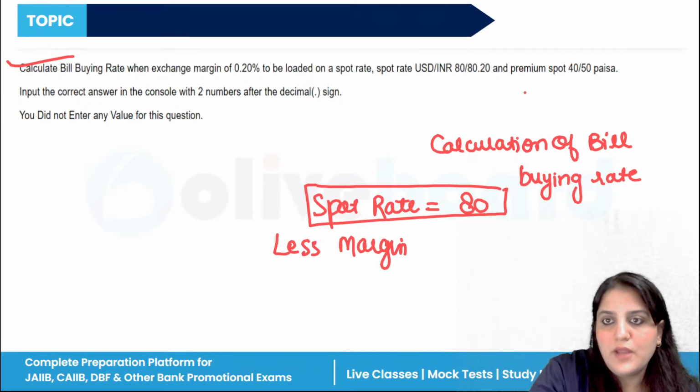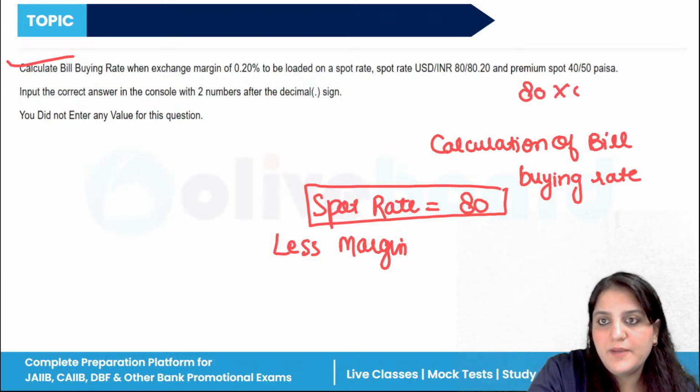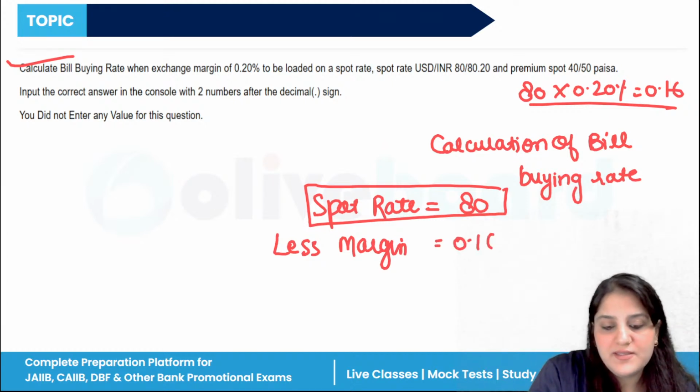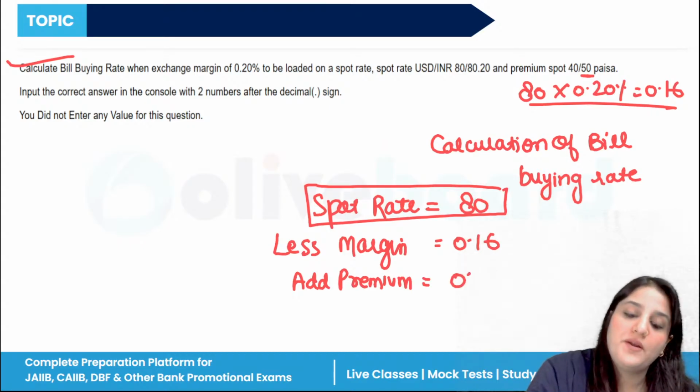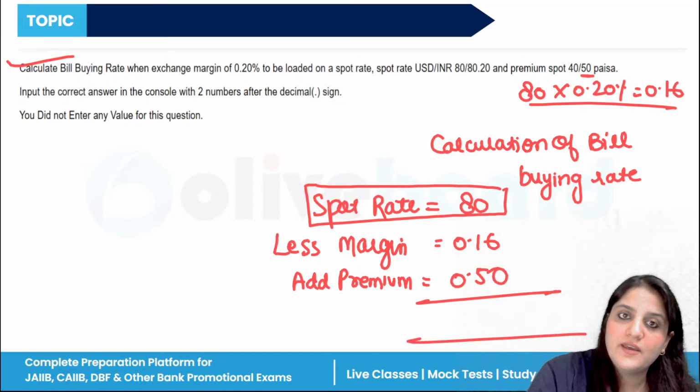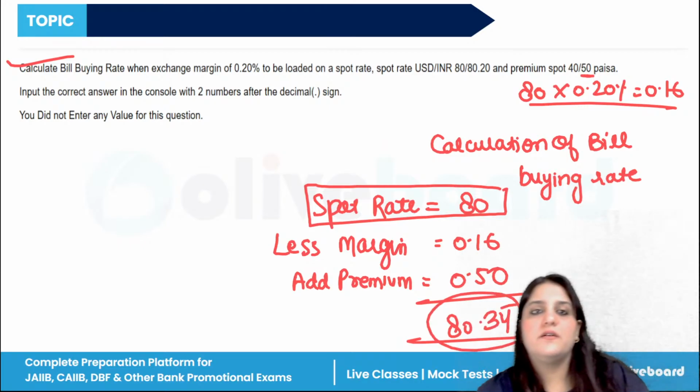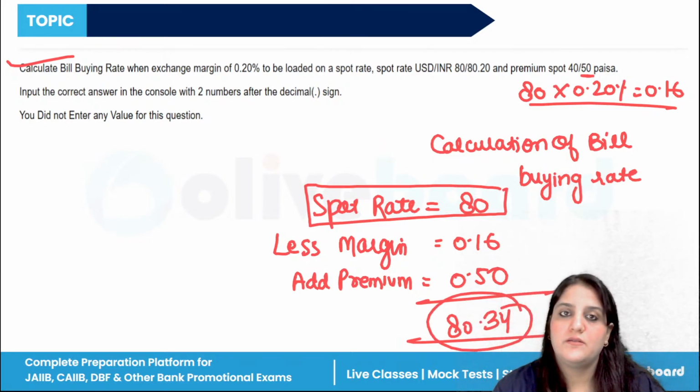So how to calculate the margin? 80 multiplied by 0.20%, which is equal to 0.16. So less the margin 0.16 and add the premium also. So add the premium, which is equal to 0.50. After doing this, what we get here is 80.34. So this is the bill buying rate.